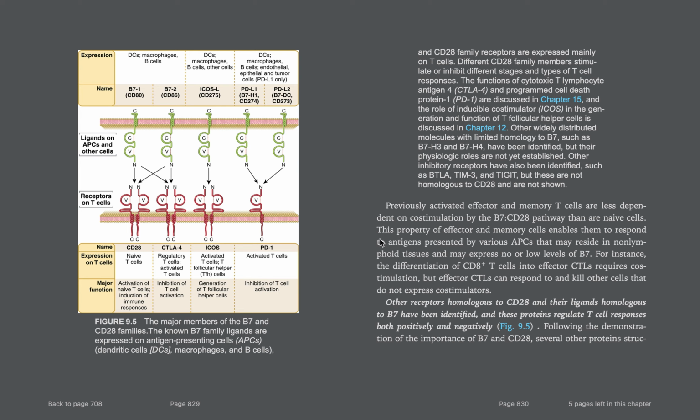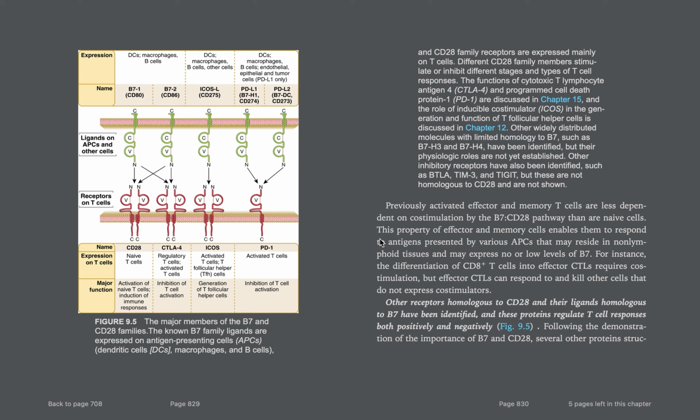For instance, the differentiation of CD8 T cells into effector cytotoxic T cells requires costimulation, but effector cytotoxic T cells can respond to and kill other cells that do not express costimulators.